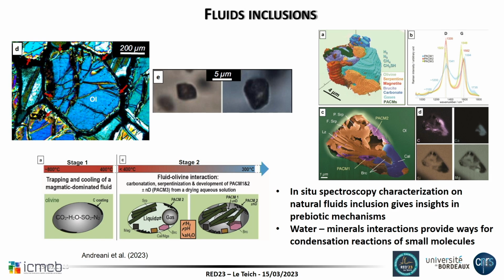The interest is that you know where it's from, and you can make different types of characterization inside through Raman spectroscopy and FTIR spectroscopy, and map the different minerals and fluid that you have inside your fluid inclusion to give insight into the prebiotic mechanism.